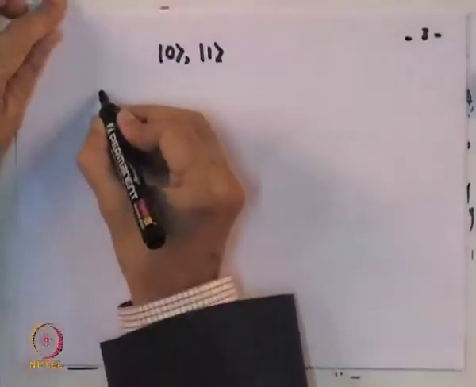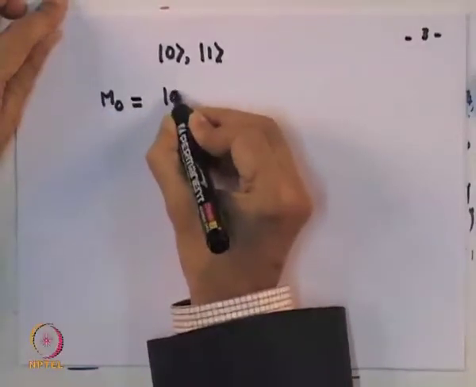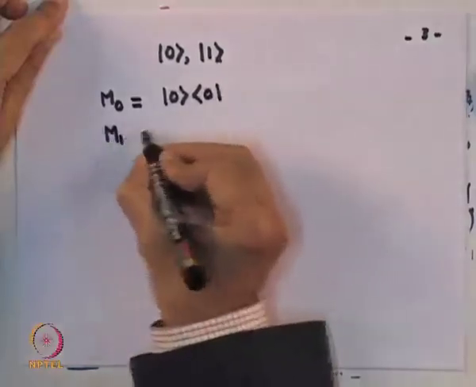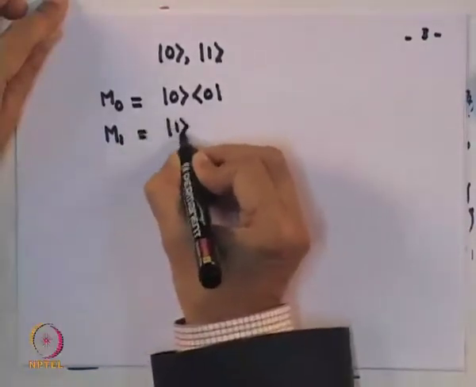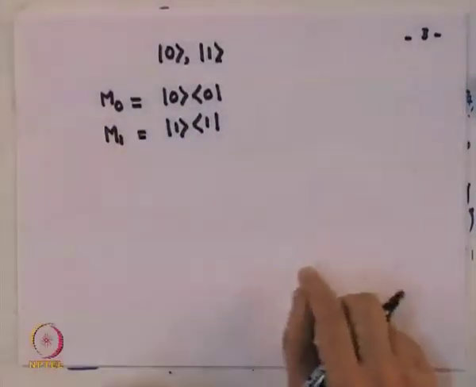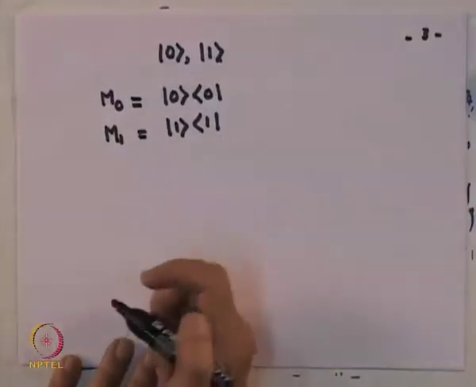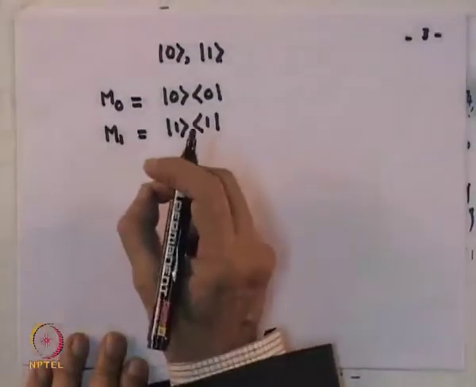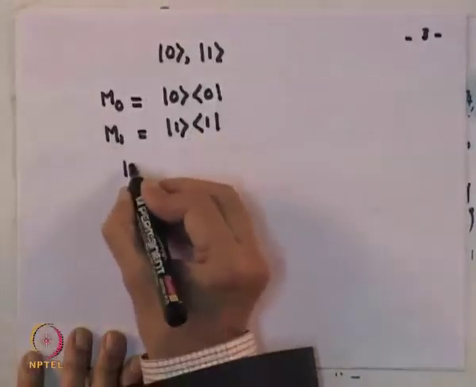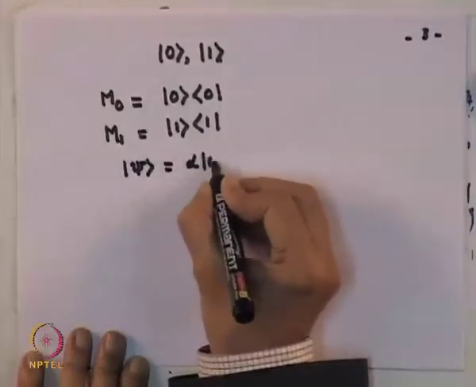Let me define my measurement operators M0 equal to |0><0| and M1 equal to |1><1|. Completeness is obvious because |0><0| plus |1><1| is identity. And let me see what this measurement operator gives when it acts on an arbitrary state psi equal to alpha |0> plus beta |1>.